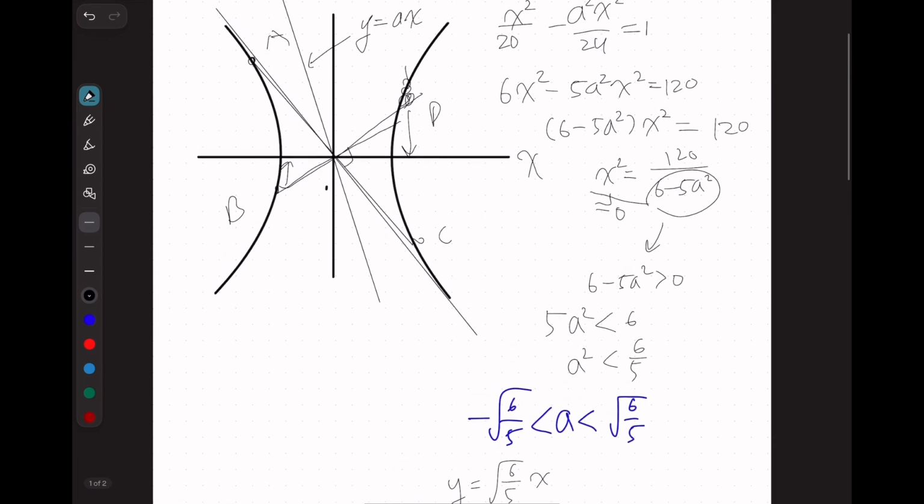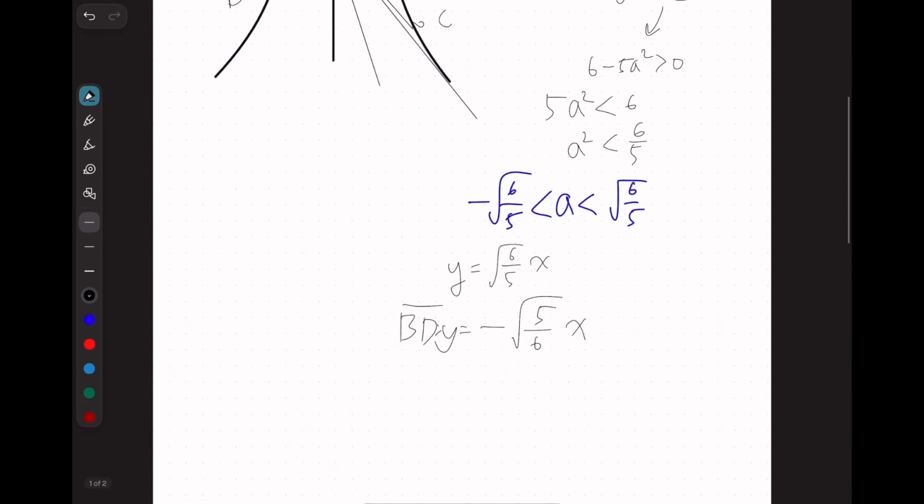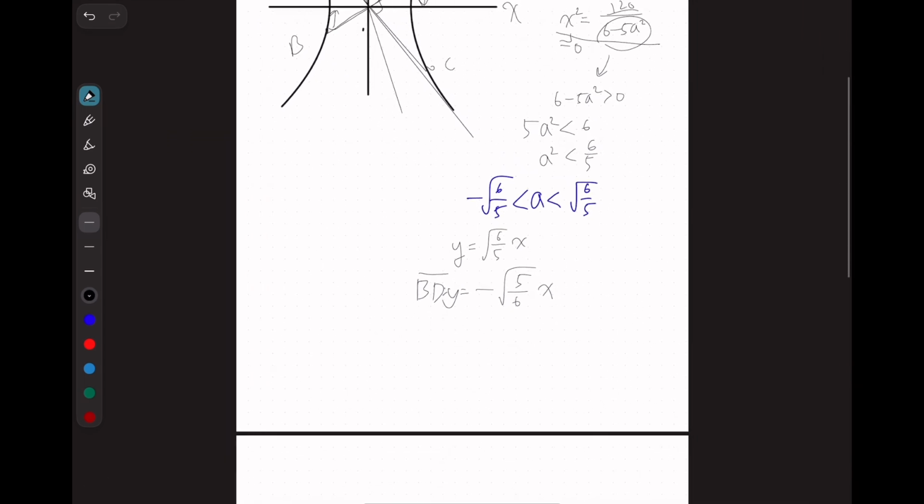Now we plug it into the equation x squared equals 120 over 6 minus 5a squared. And then we get 120 over 6 minus 5 times 5 over 6, which is equal to 120 over 6 minus 25 over 6, which is equal to 720 over 11.